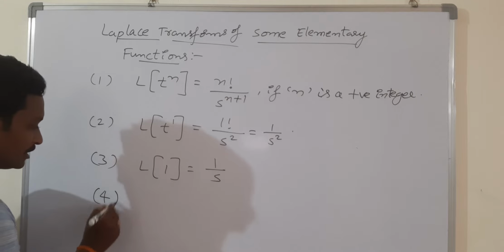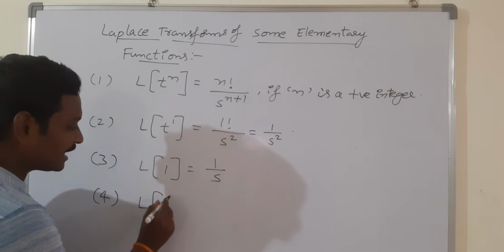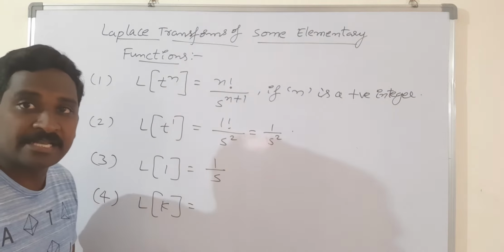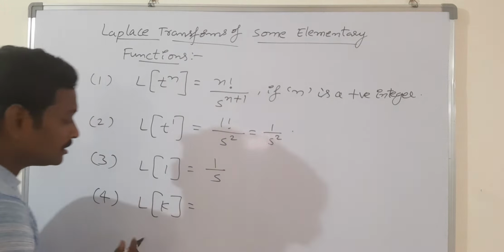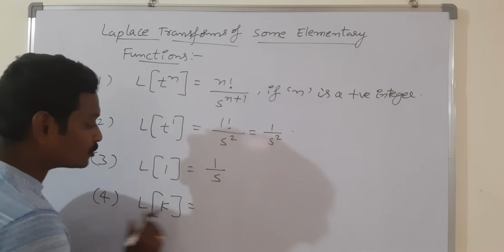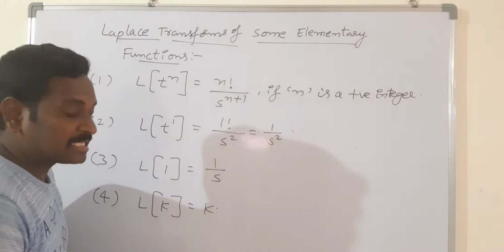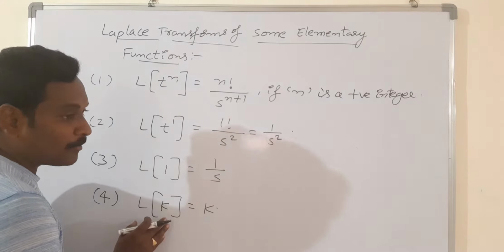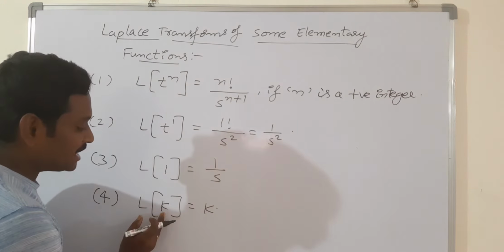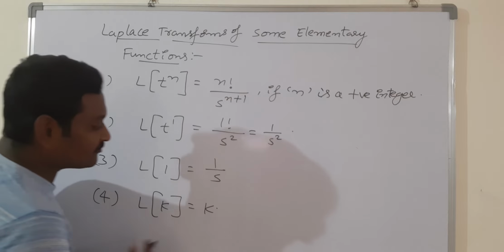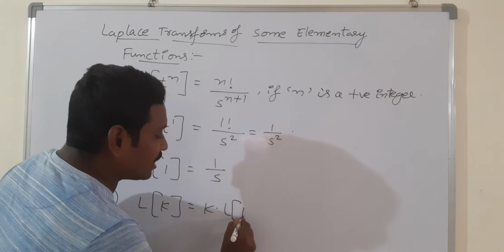Next one, L of k, where k is a non-zero constant. Take this constant outside by using the linear property. In the previous session we discussed the linear property of the Laplace transform. Since k is a constant, take it outside the Laplace and you will get k into L of 1.